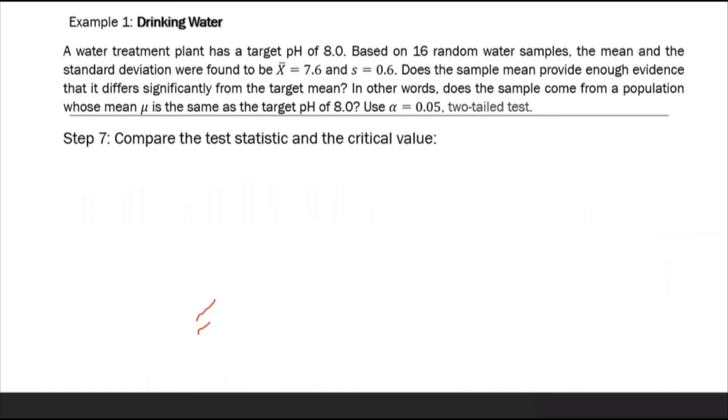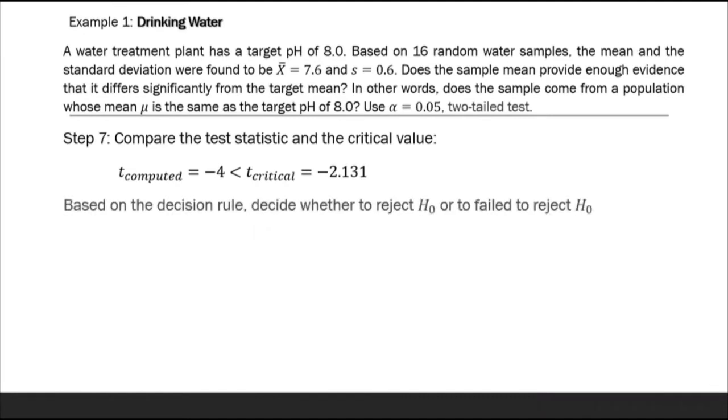Compare the test statistic and the critical value. The T computed is negative 4, which is less than the T critical value, and that is negative 2.131. Based on the decision rule, decide whether to reject the null hypothesis or to fail to reject the null hypothesis.